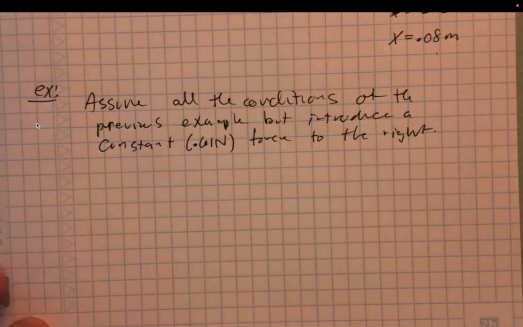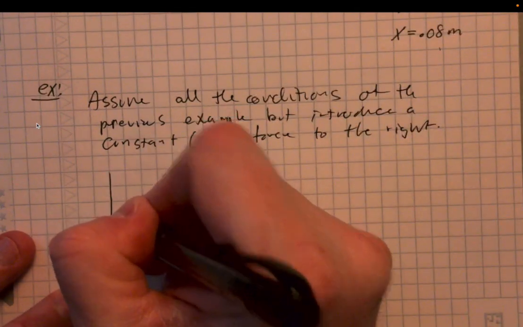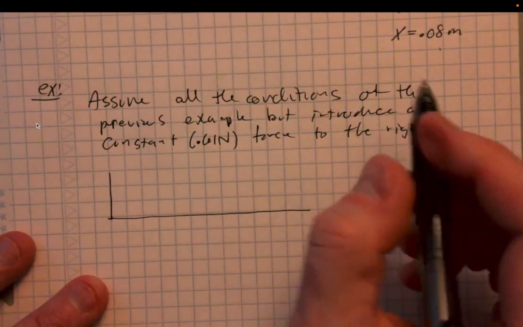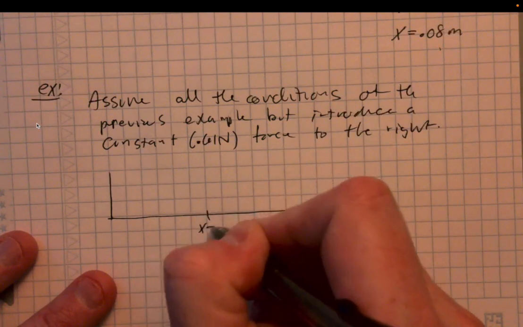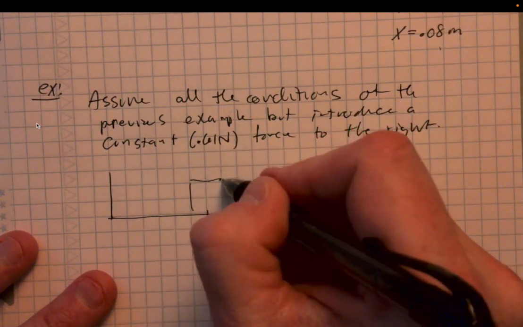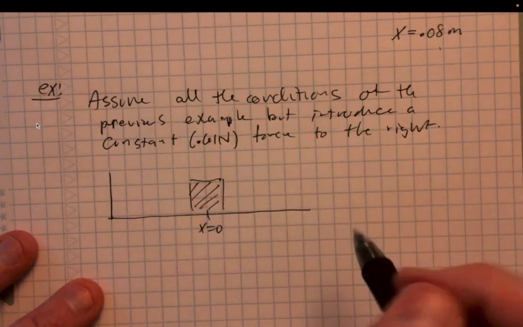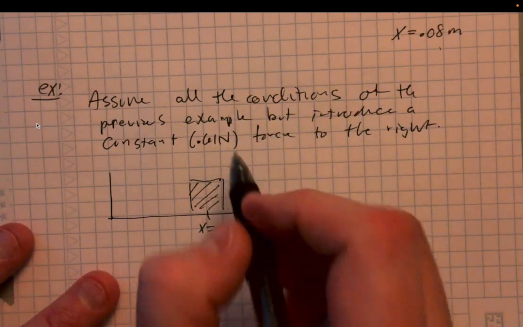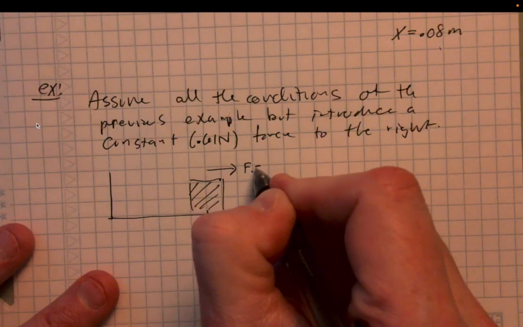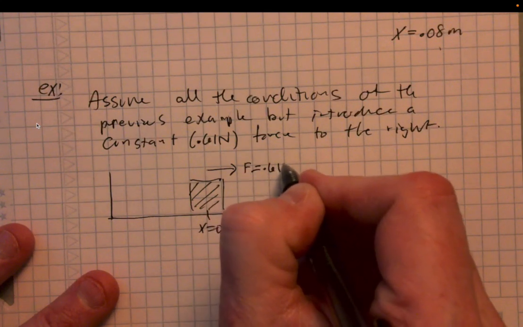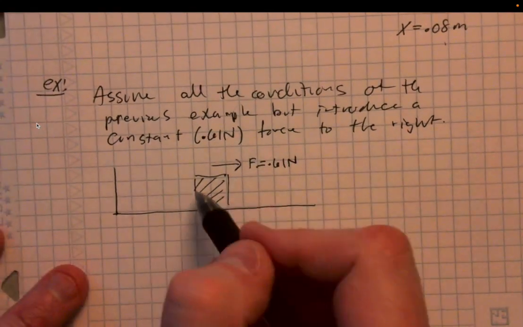Okay, so what's going on now? I've got my block, and there's x equals 0 here, and it's just sitting there, totally at rest, and a force comes along and starts pushing it to the right. And it's connected to the spring.